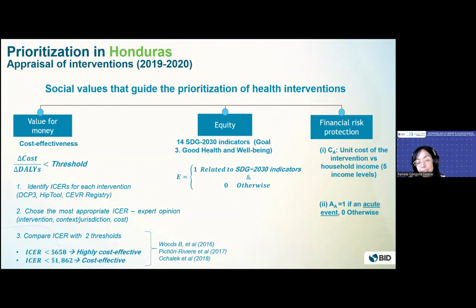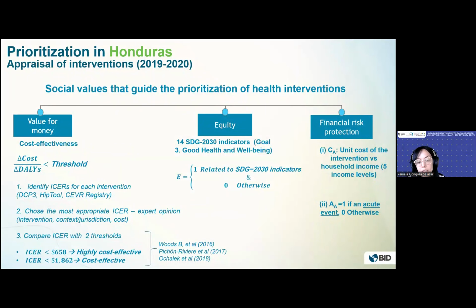We basically relied on the literature, mostly on information from the DCP3 study, the HIP tool, which is a tool developed by University College London, and the cost effectiveness registry from Tufts University, and identified ICERs for each intervention. We chose the most appropriate ICER based on expert opinion, based on the characteristics of the intervention, the context or the jurisdiction, looking for something closer to the Honduras context, and of course the cost.